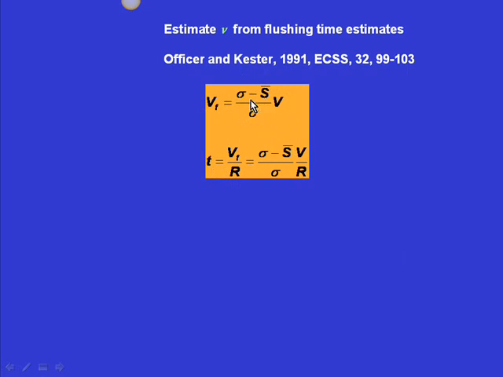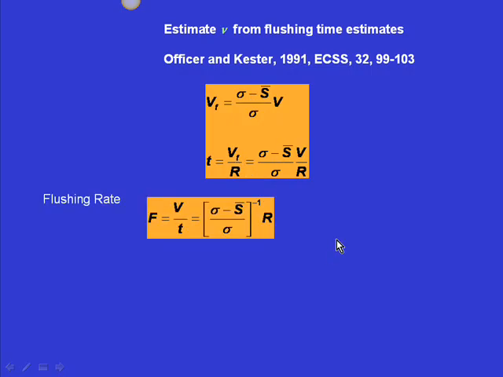Then using this representation of V sub F, you get this. And then the flushing rate is the volume divided by the residence time, which is the inverse of the freshwater fraction times the river discharge.